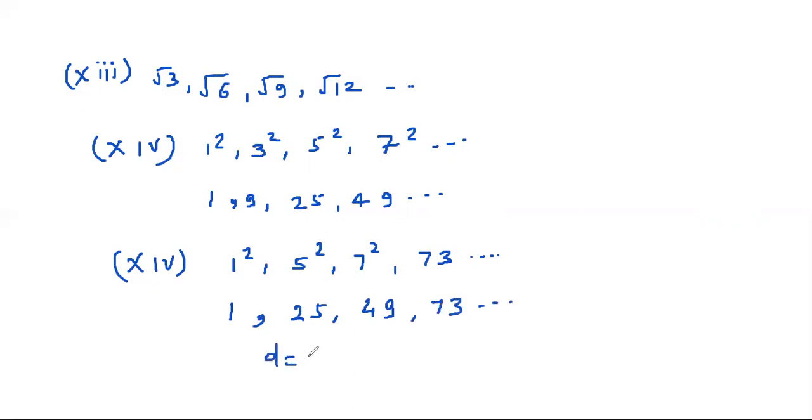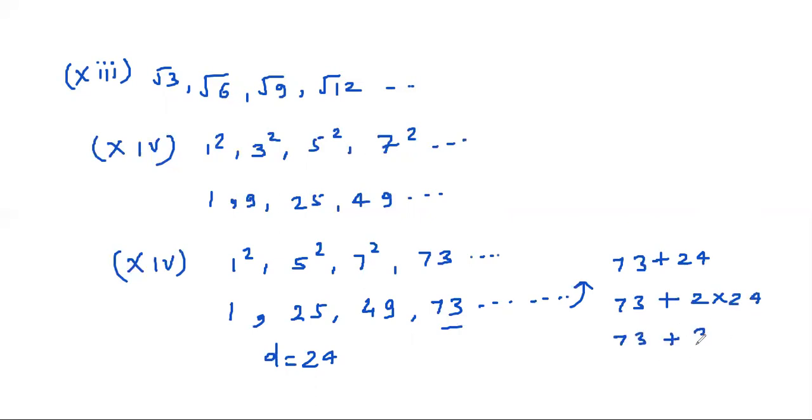Here common difference is 24 every time, so it will be an AP, and next term can be written by adding 24 to this term. So 73 plus 24, and then next term will be 73 plus 2 into 24, and then next term will be 73 plus 3 into 24, etc. Thank you.